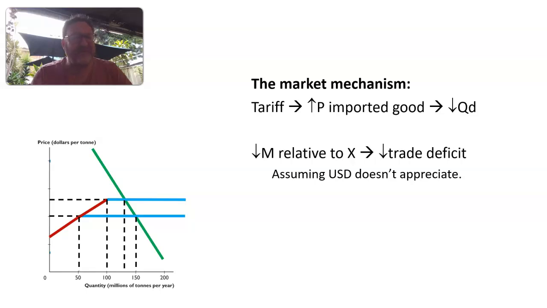So imports fall relative to exports, and that, all other things remaining equal, reduces the trade deficit to some extent. Of course, we're assuming here that the US dollar doesn't appreciate, for example. That would mess things up because the appreciation of the US dollar would actually make imports cheaper.